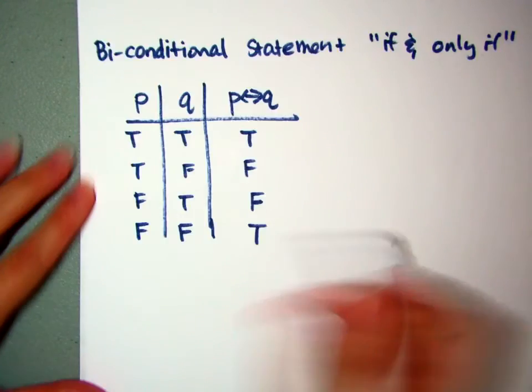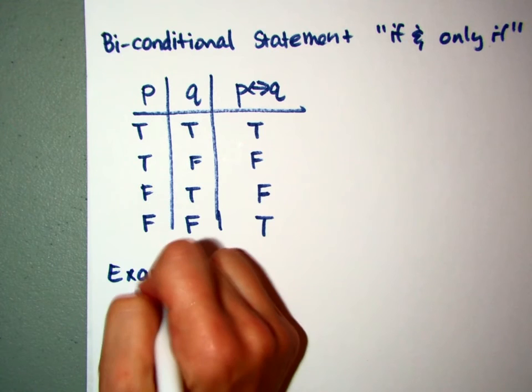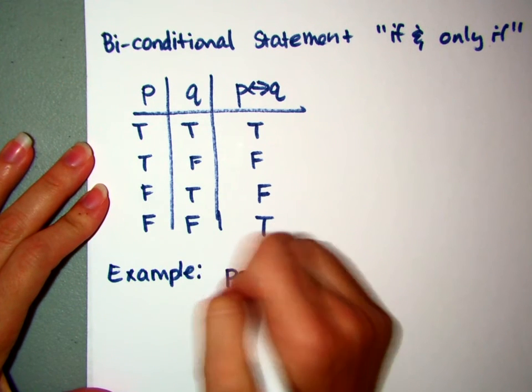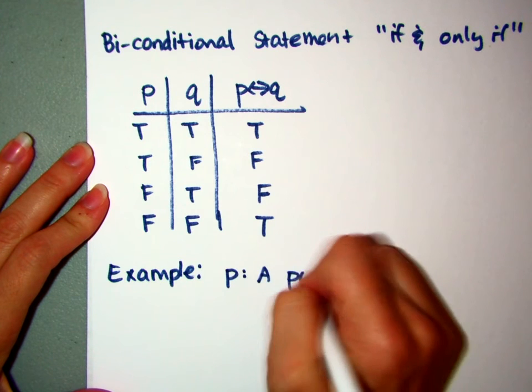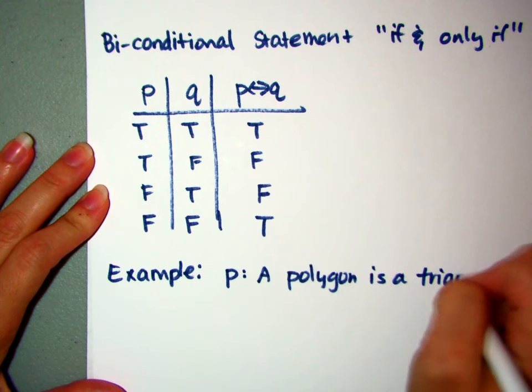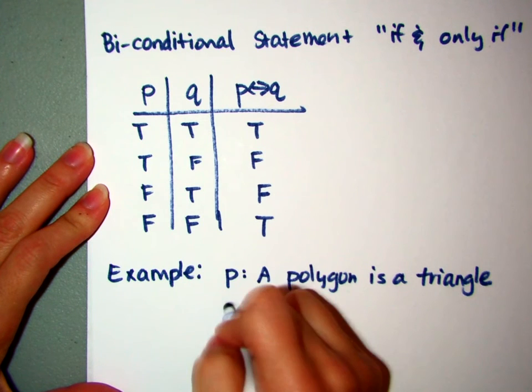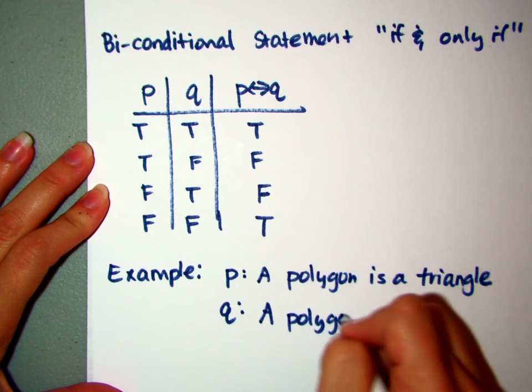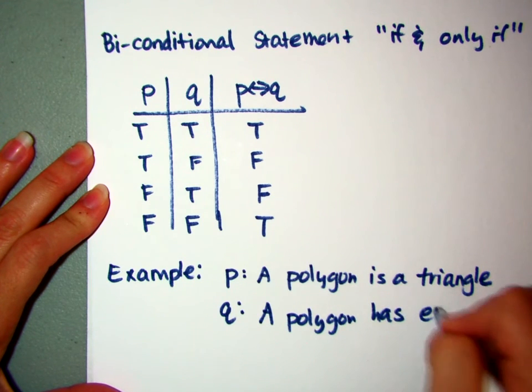So let's look at an example. Let's say P is going to represent a polygon is a triangle, Q is going to represent a polygon has exactly 3 sides.